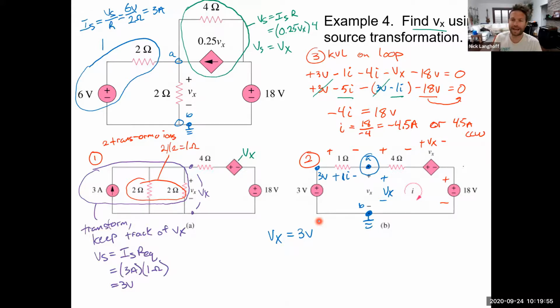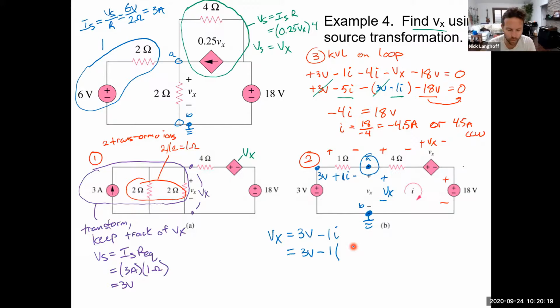The voltage at point A is Vx. That node relative to B is the same as the voltage Vx. So Vx is, as we just said, 3 volts minus 1 times I. We just found I. So it's 3 volts minus 1 times I as defined, now keep track of this.